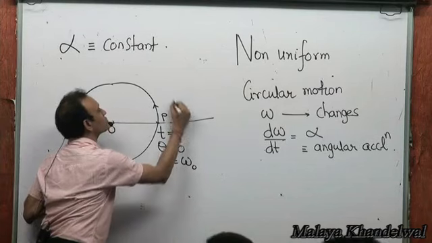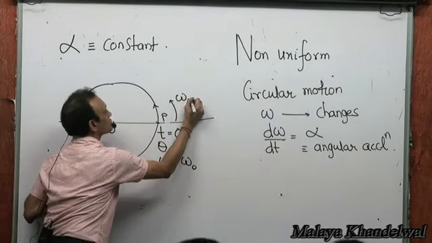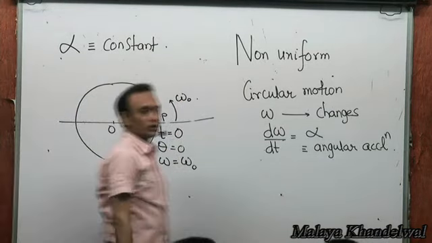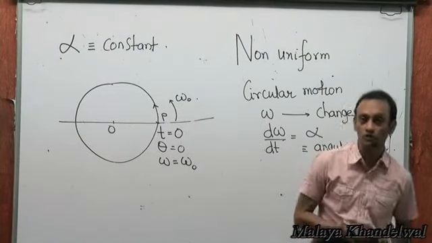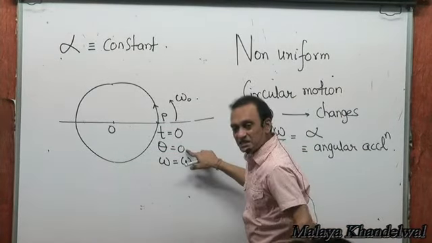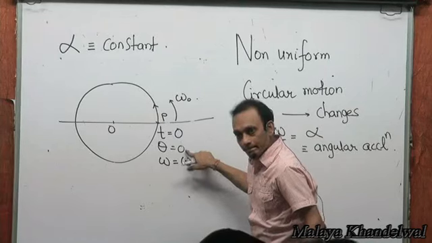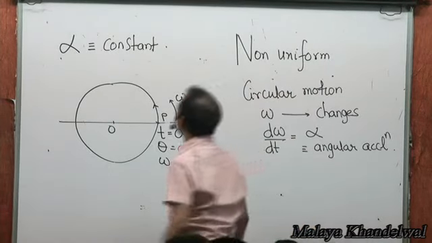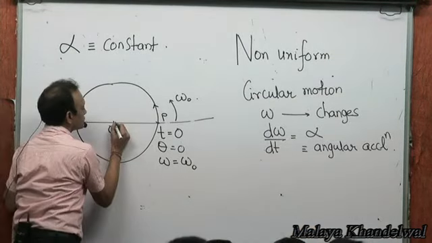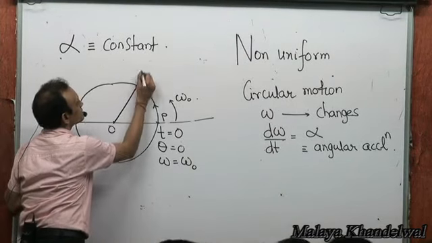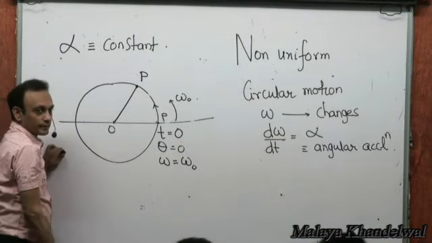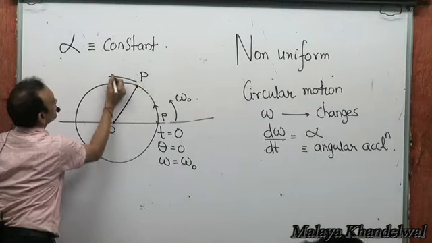The particle has an angular speed omega naught at t equal to 0, and its theta is 0. Now, t seconds later, the particle arrives at P and its omega is becoming omega.